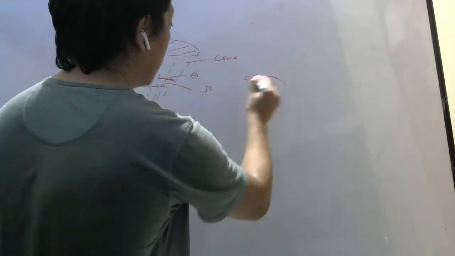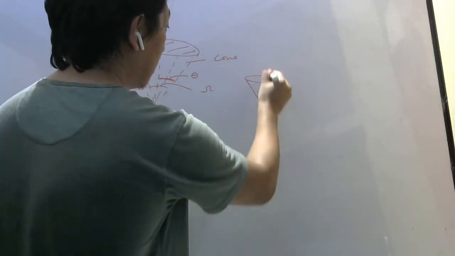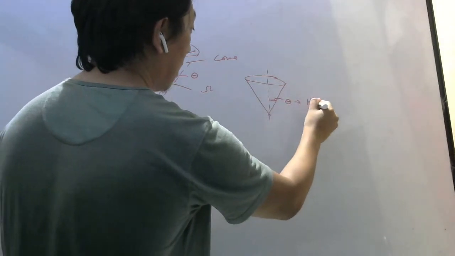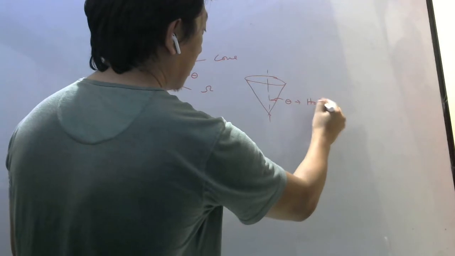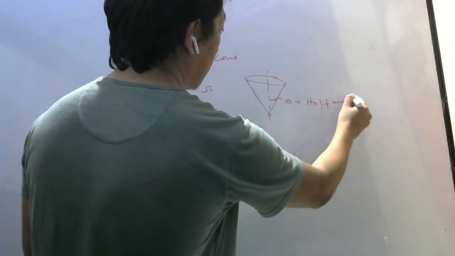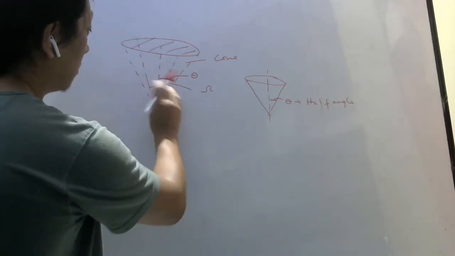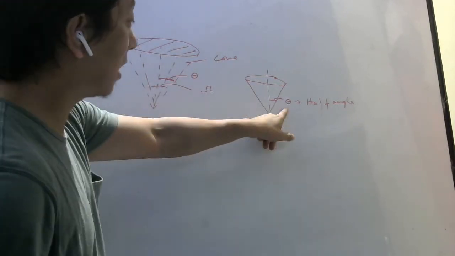And every cone will have something called this angle, which is called the half angle of the cone. I want to find a formula for this solid angle in terms of this half angle.